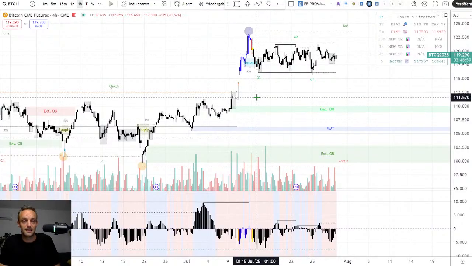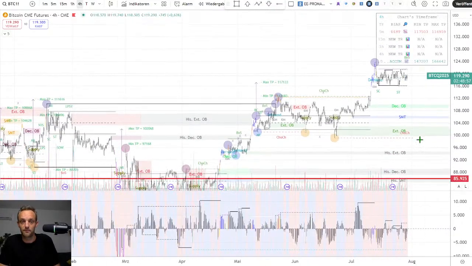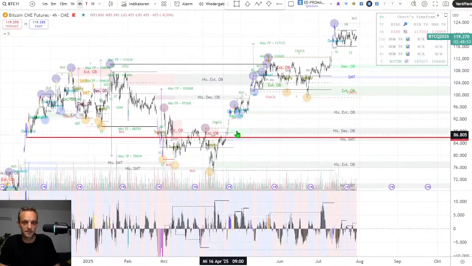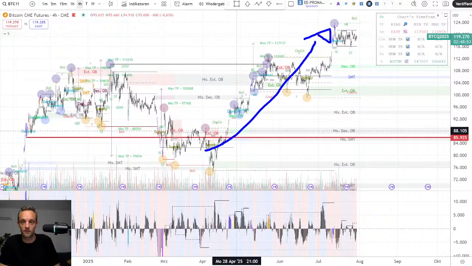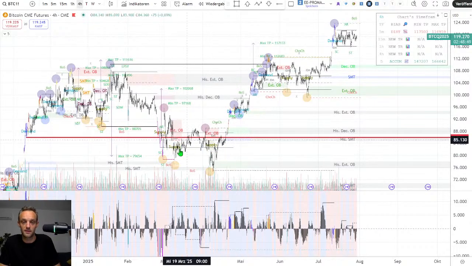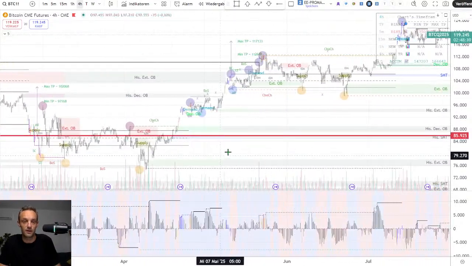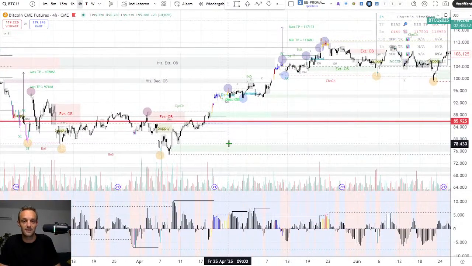Good. We start with BTC. Bitcoin is in a very impulsive rally to the upside. When we zoom out on the 4-hour chart, we had this bottom building process here at 80,000. We touched 74,000 and finished this with a low volume spike, or low activity spike.